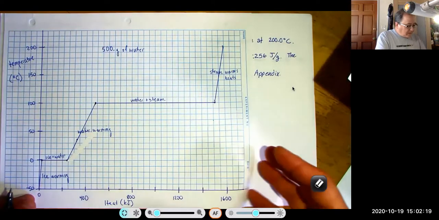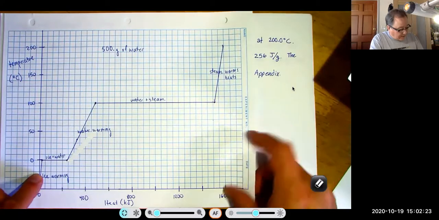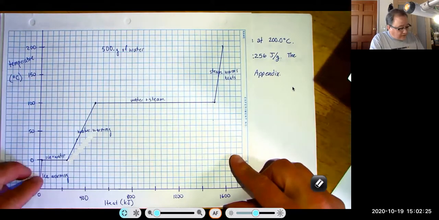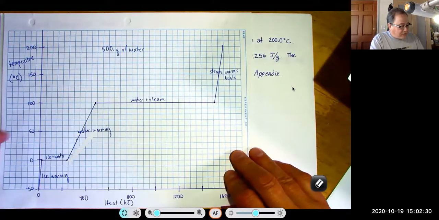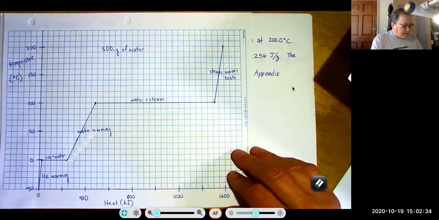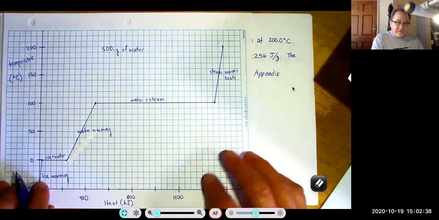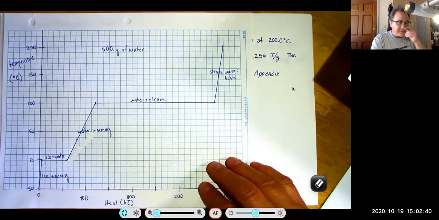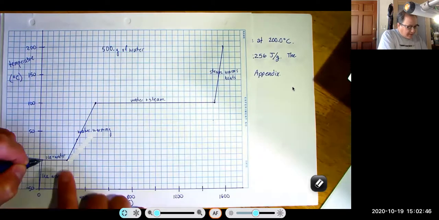Now, there are some values given in your book for heat of fusion for ice. And there are some values given for heat of vaporization. We don't need to figure out those values, but let's go ahead and do that anyways here. So here, if we want to figure out the heat of fusion, so heat of fusion is how much energy it takes to melt ice, we could look at these values right here.